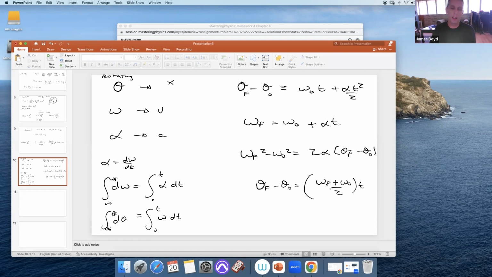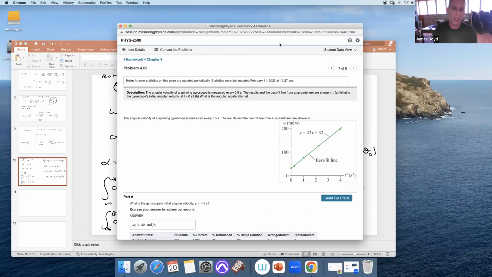So we have these. Now looking at this though, normally we would have omega versus t, and the idea there should be that the slope of omega versus t, omega over t, should be alpha.